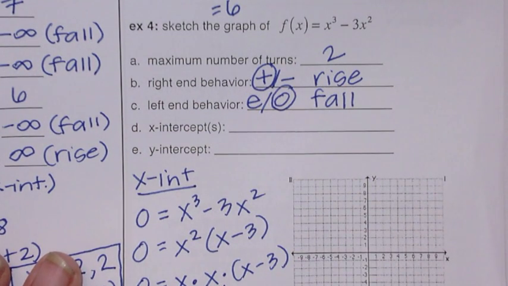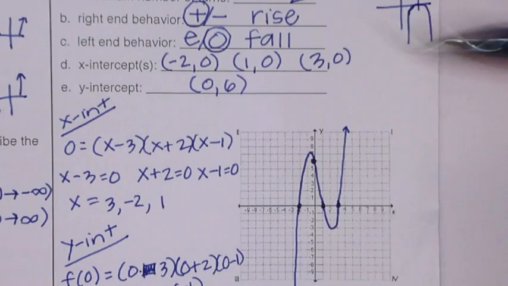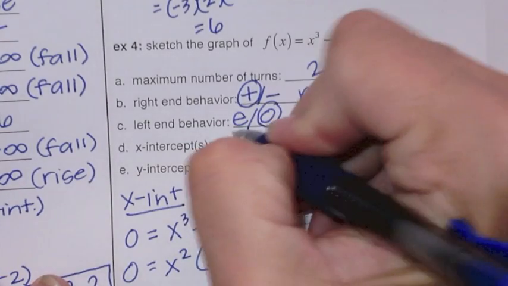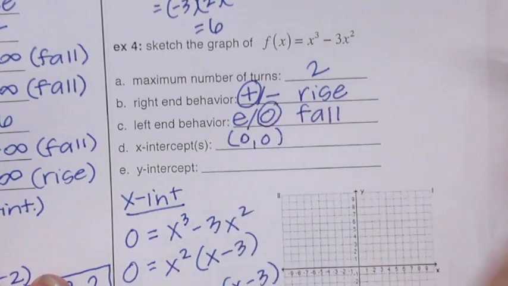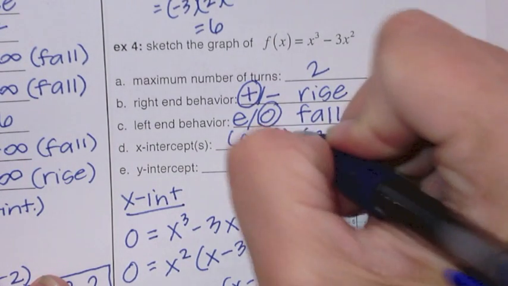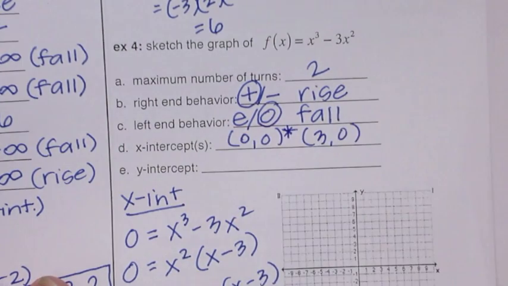So the difference is instead of our graph crossing through at that 0, it's going to do the bump thing. So watch how we do that. So first of all, this is going to be 0, 0, and 3, 0. I'm going to put a star right here, and you'll see this on the graph in a second.